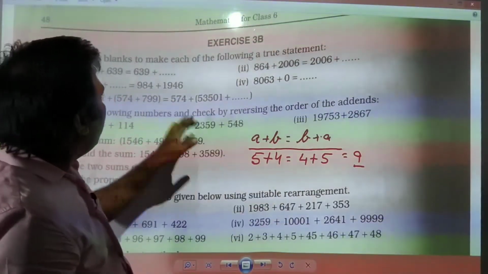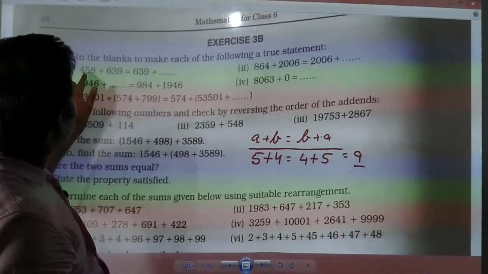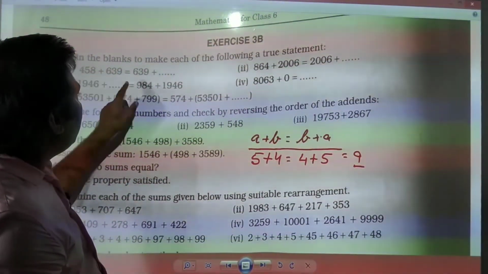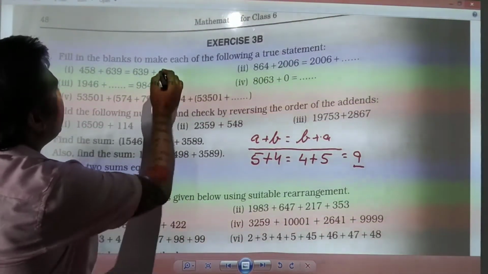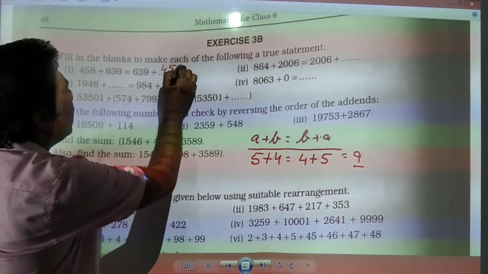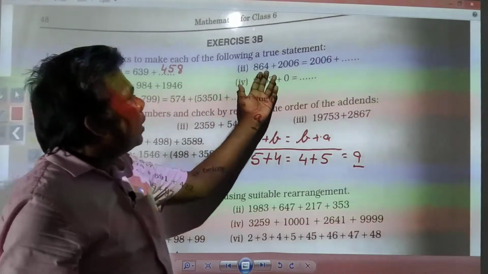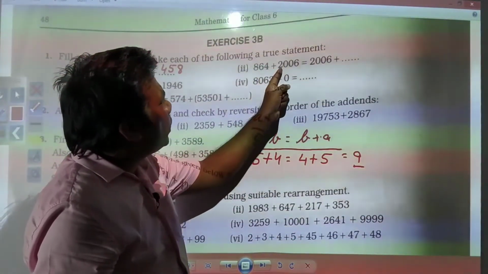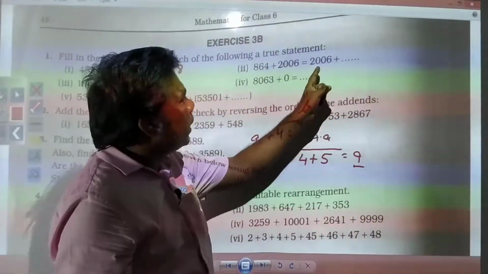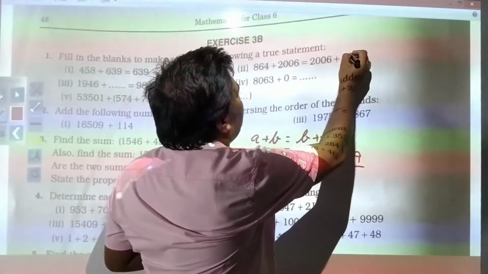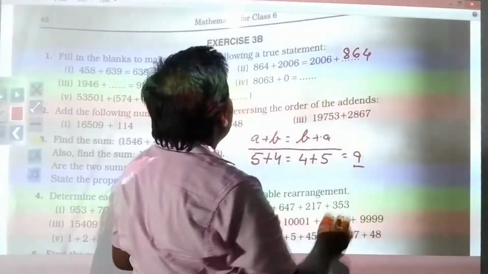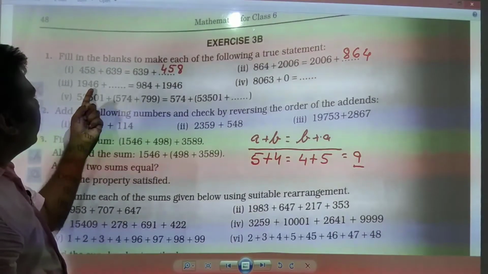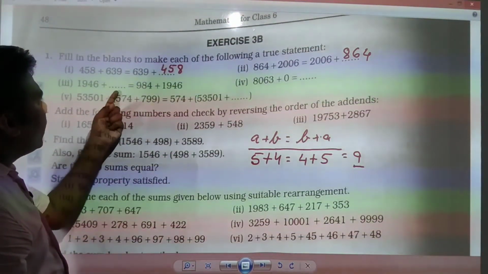In the same way here, 458 plus 639 is equal to 639 plus 458. In the same way, 864 plus 2006 can be written as 2006 plus 864. Next you have 1946 plus what number?